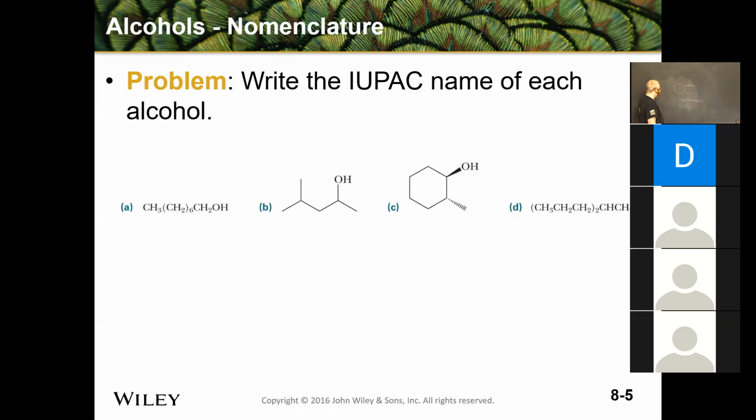It's not incorrect if you call it 1-cyclohexanol, but the 1 is not necessary. And this is 2-methyl. And the geometry is trans. Trans 2-methyl cyclohexanol.